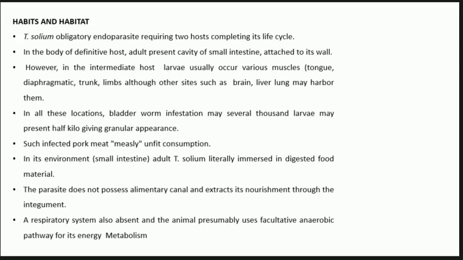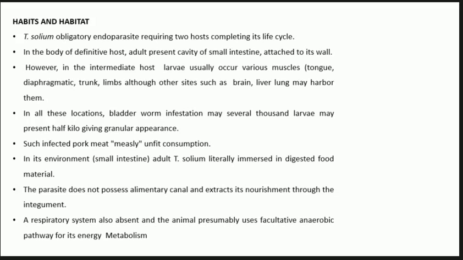Just now I have told you that the definitive host is humans and the intermediate host is the pig. If we are talking about Taenia saginata, then the second animal will not be the pig but the cow, but we will not talk about that.